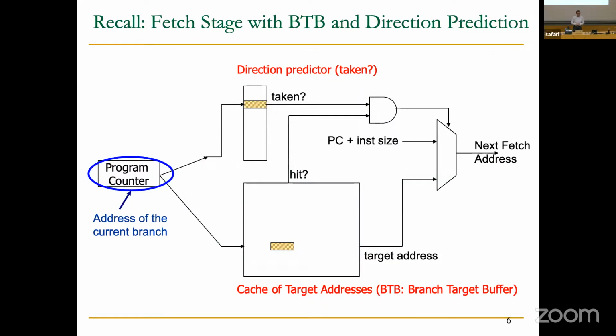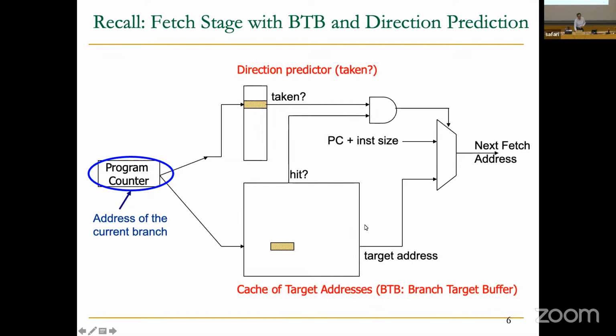This is the fetch stage with a branch target buffer and a direction predictor. So we are focusing on conditional branches that basically can take the next sequential instruction or the target. You can go to 2 different paths, 2 different next program counters, basically. So I can predict the direction, whether the conditional branch will be taken or not taken.